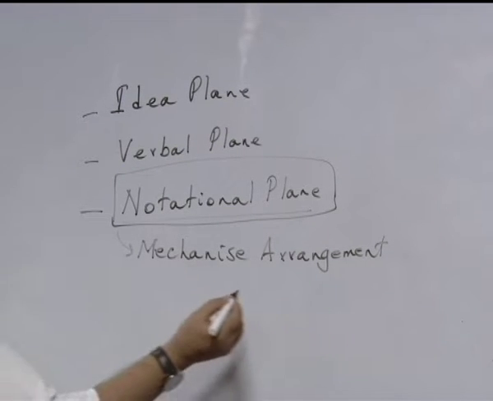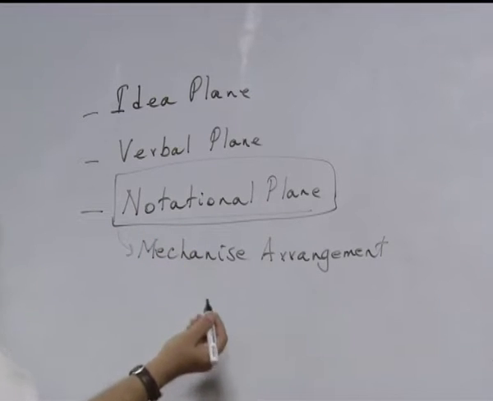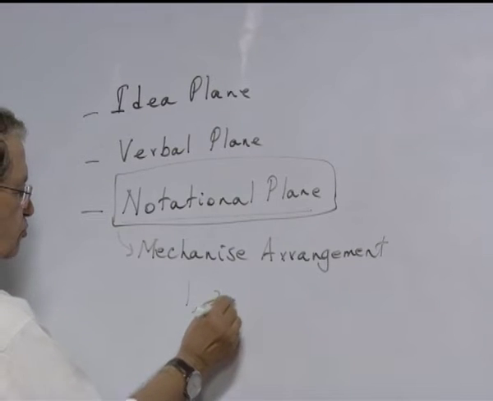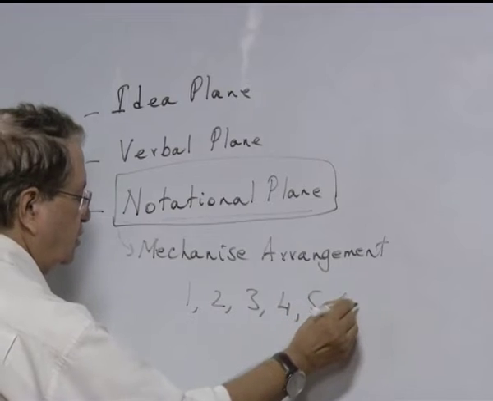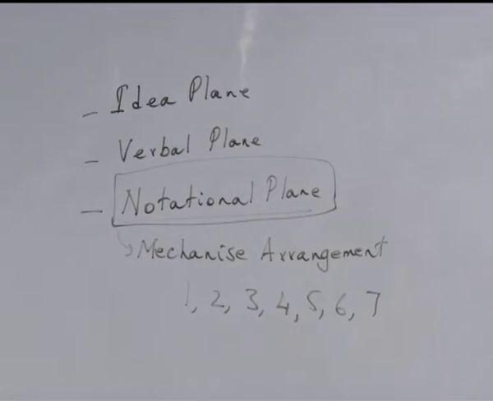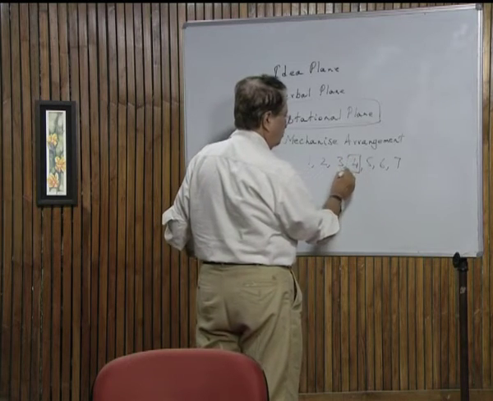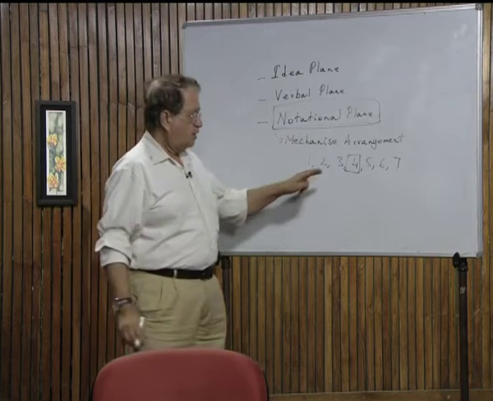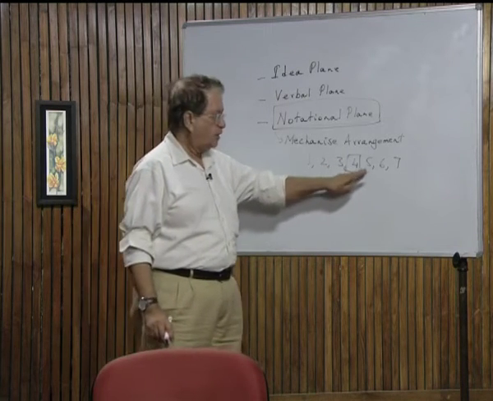One of the most commonplace examples is the number system 1, 2, 3, 4, 5, 6, 7 and so on. If you give a book the symbol 4 and you go to the shelves of a library, then you know that this symbol 4 has to come after 3 and will come before 5.